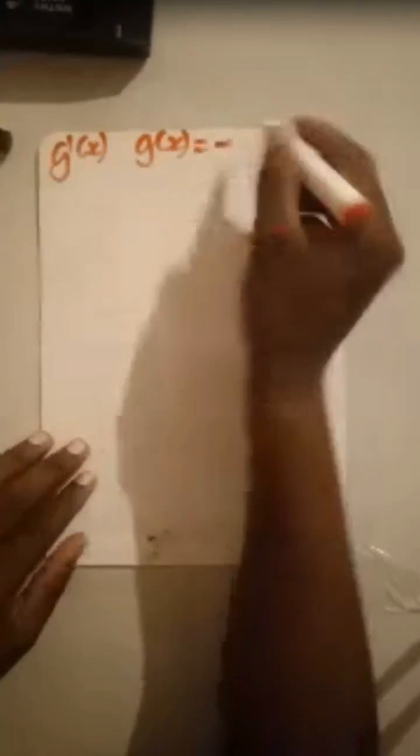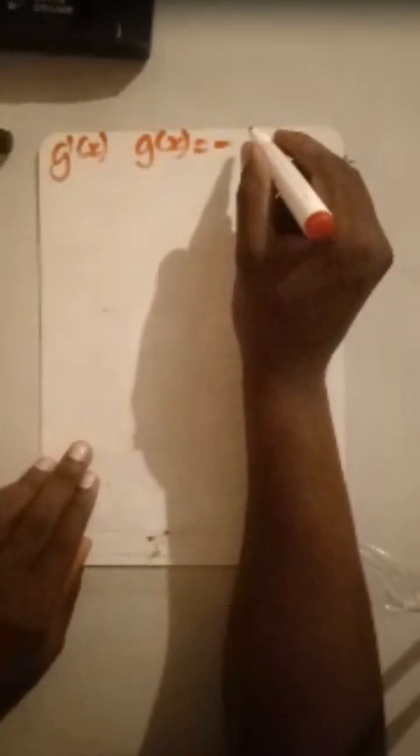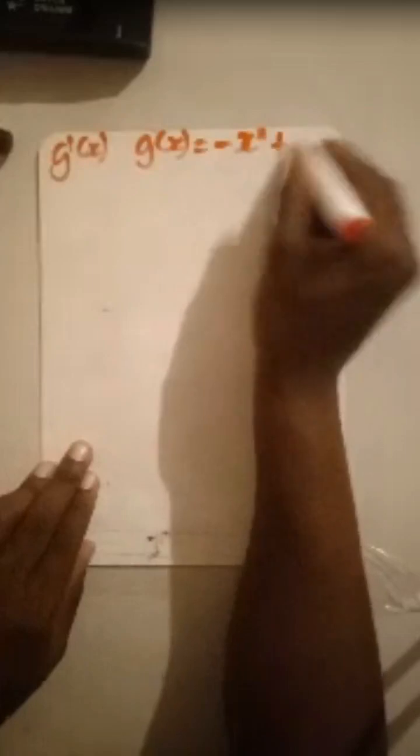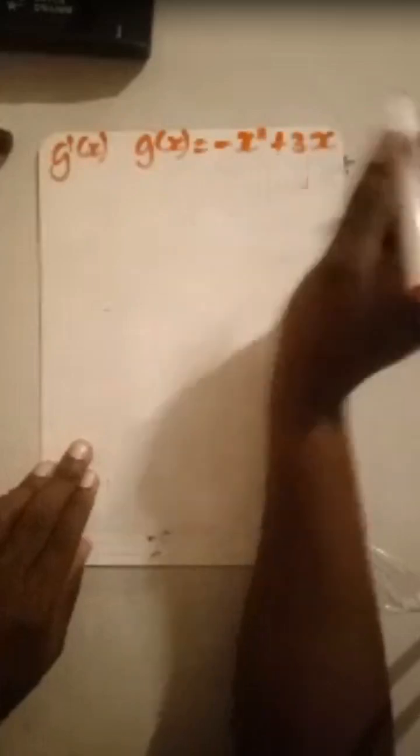So we are trying to get the derivative of g if g of x is equal to negative x squared plus 3x, right? I think I'm going to revert back to the black marker because I see this one is not nice.